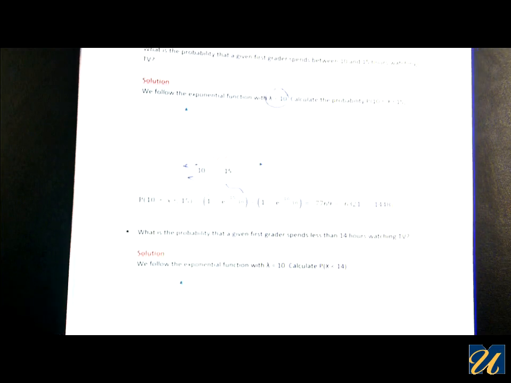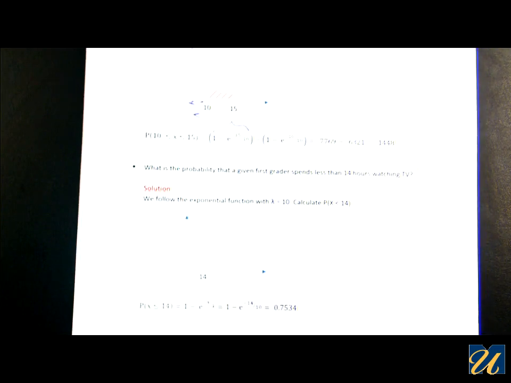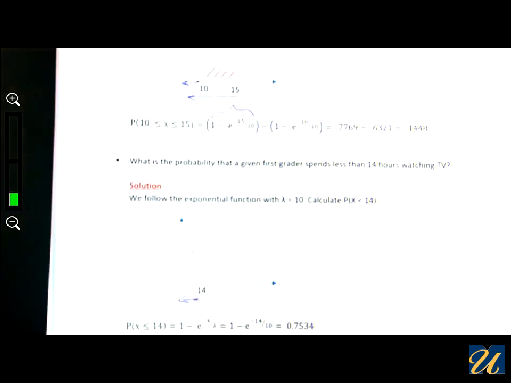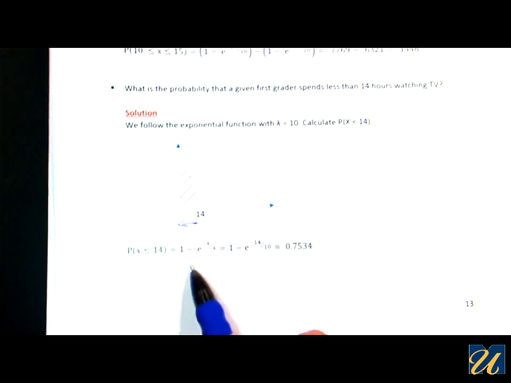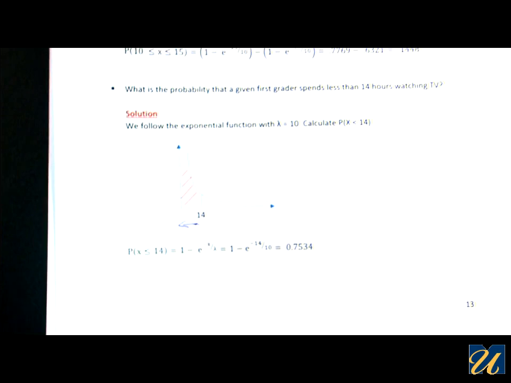Now, for the other example here, what is the probability that a given first grader spends less than 14? Less than 14 is 1 minus e raised to the negative power of x over lambda.